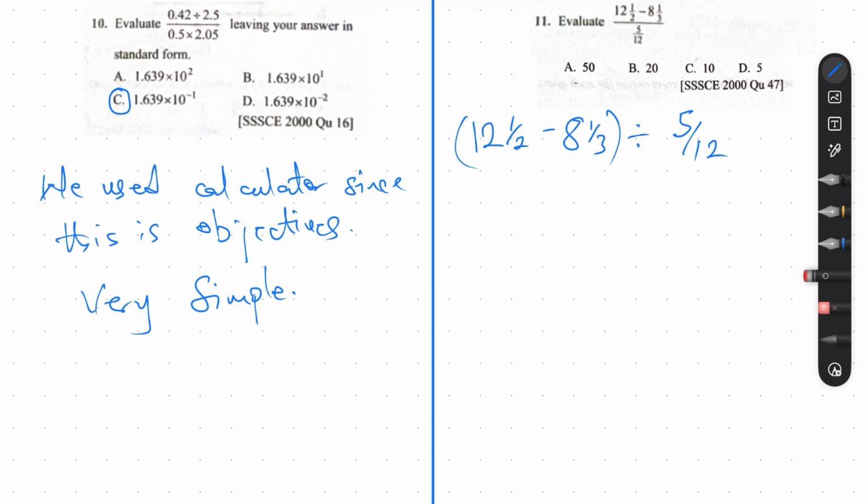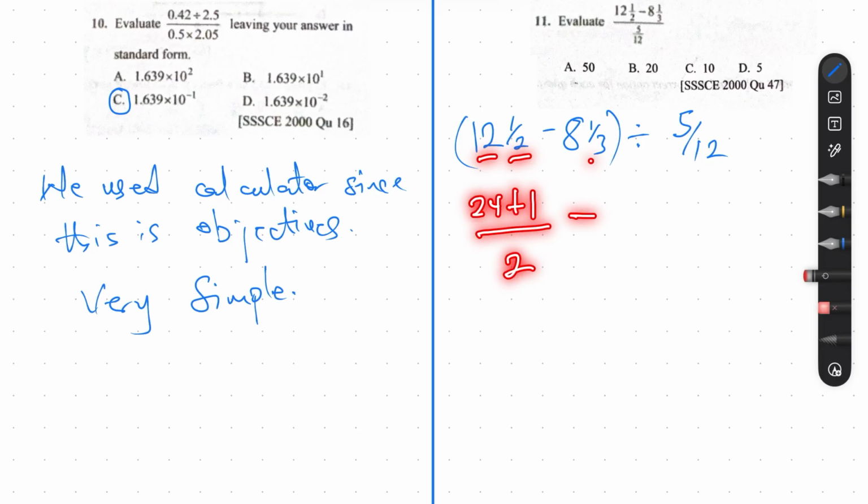How do you change a mixed fraction to an improper fraction? You multiply the whole number by the denominator, so 2 times 12, then you add the numerator, which is 1. 2 times 12 is 24 plus 1, then all over 2.